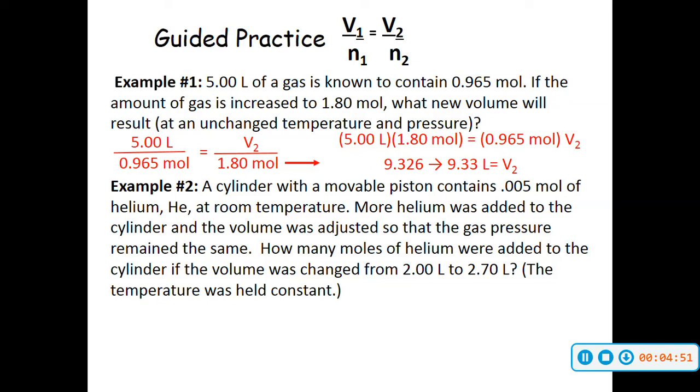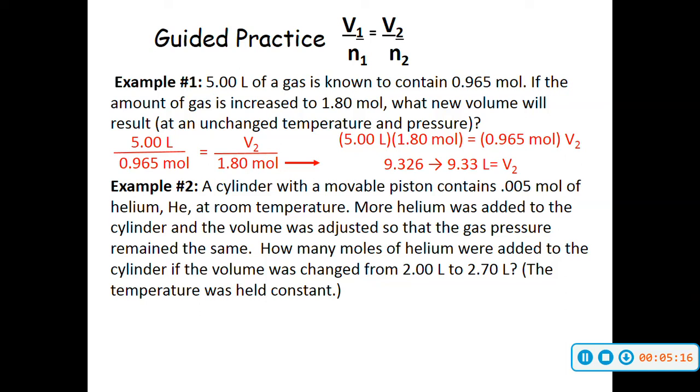Moving on to example number 2, if you want to try this one on your own, go ahead and pause. Example number 2: a cylinder with a movable piston contains 0.005 moles of helium at room temperature. More helium was added to the cylinder and the volume was adjusted so that the gas pressure remained the same.